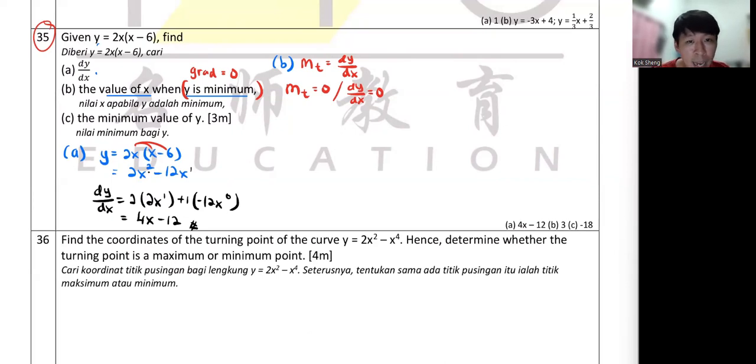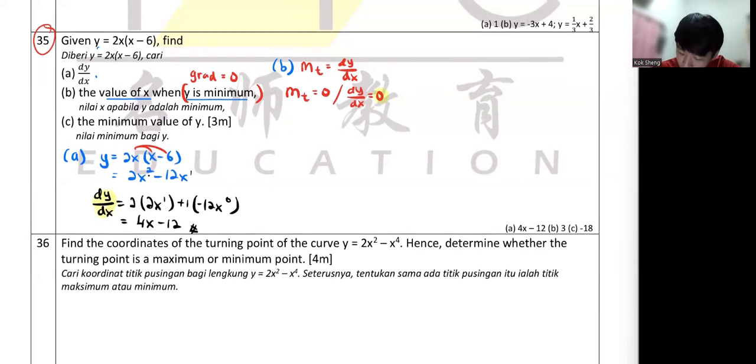So from here, we can find the x already. We know the curve gradient is 0, which is the MT, and it also stands for dy dx equals 0. So basically, just sub the 0 into the dy dx. We can find the x already. So bring over and followed by the 4, we can find the x.